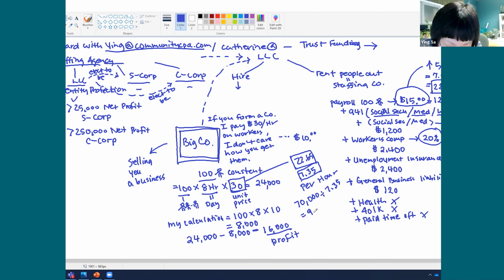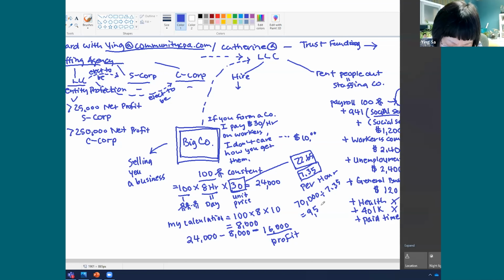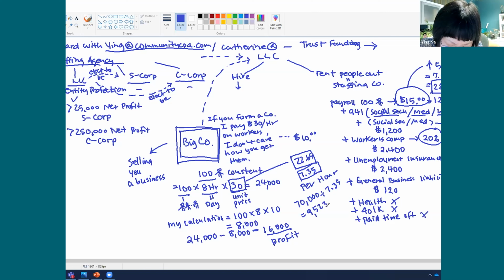That total is 9,523 hours. We need 5 workers working 2,080 hours a year to support a 70K employee.